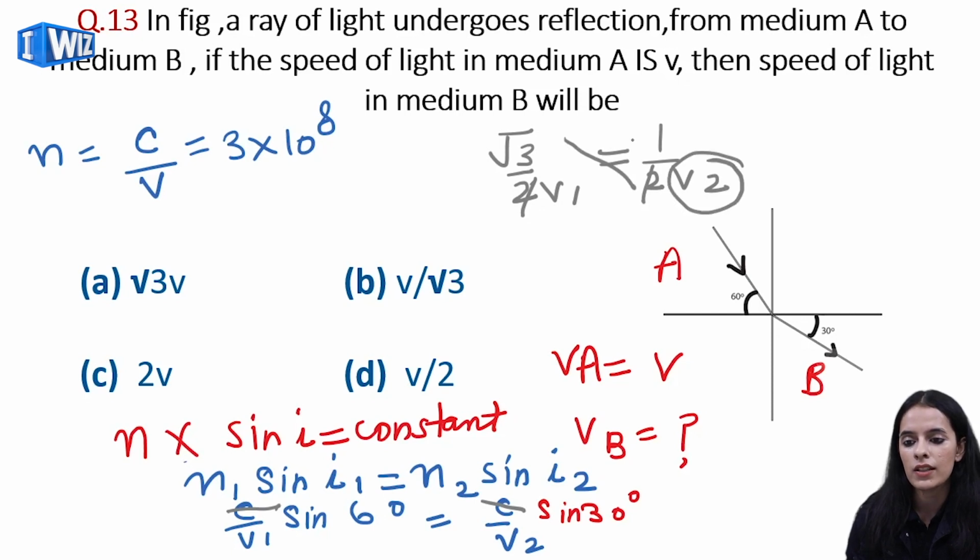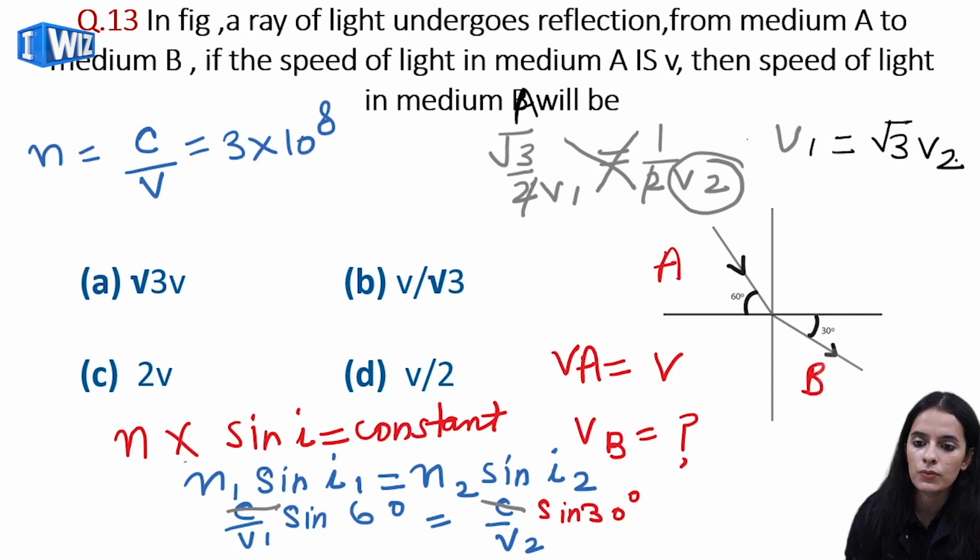So we can cross multiply. Here you have to find the speed of light in medium A. So V1 is equal to root 3 V2. V1 is equal to root 3 V2.